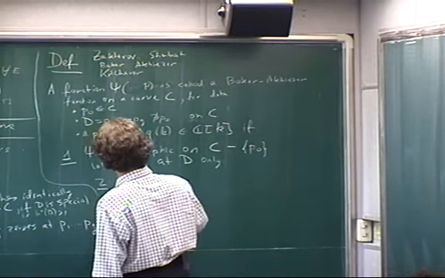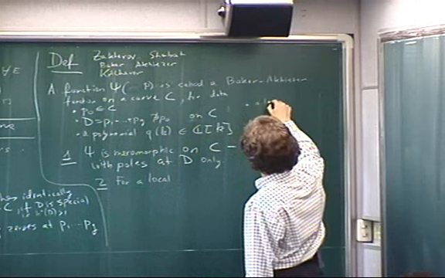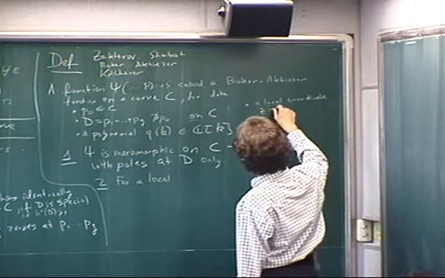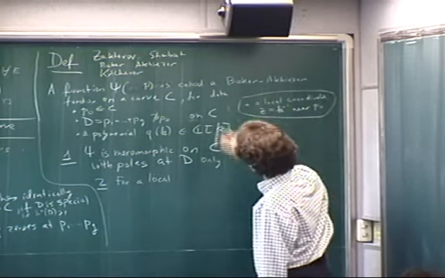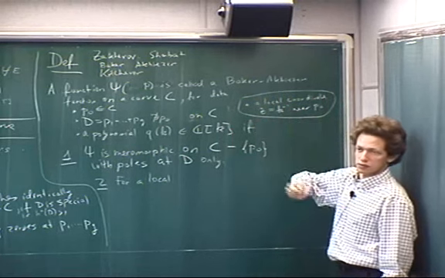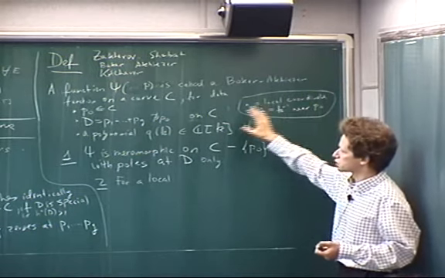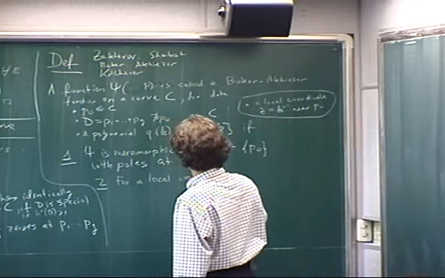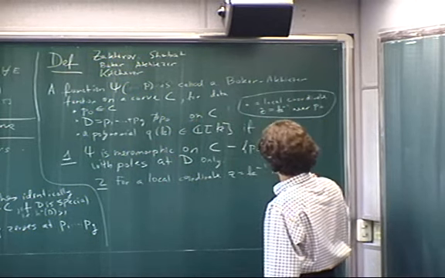for a local coordinate, so there is also a data, a local coordinate Z, which is K inverse near P naught. So this is what makes the situation much worse, because this is an infinite set of data. A local coordinate is a jet, it's an infinite Taylor series at a point. So this is infinitely much data, this is finitely much data. Okay? So for a local coordinate Z equal to K inverse near P naught, what does this mean?